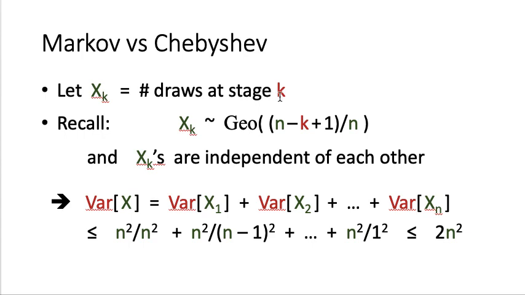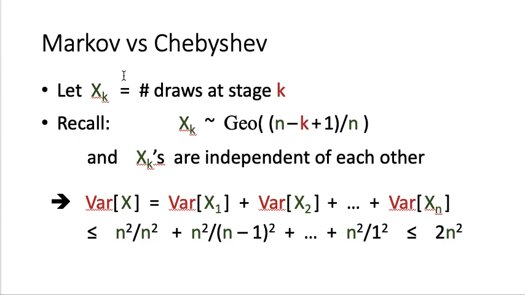Stage 1 is the case where we obtain the first card. Stage 2 is, after stage 1, the number of draws that we need in order to get the second unseen card, and so on and so forth.